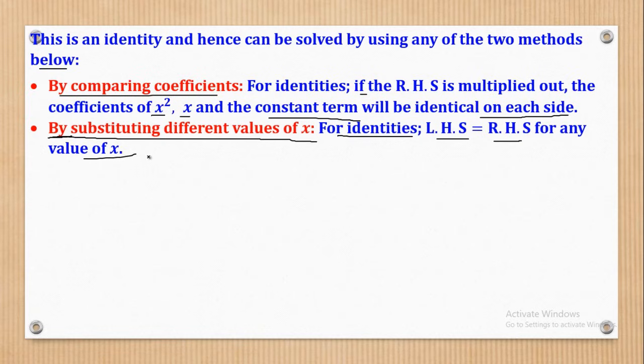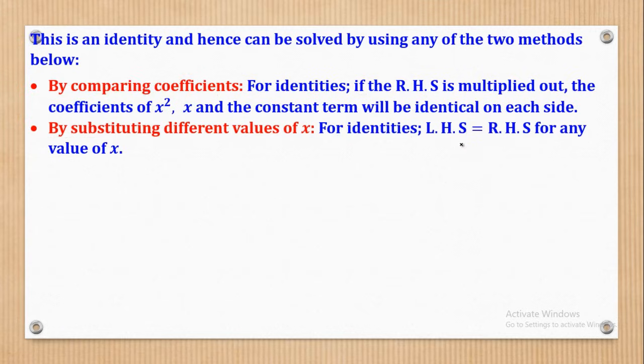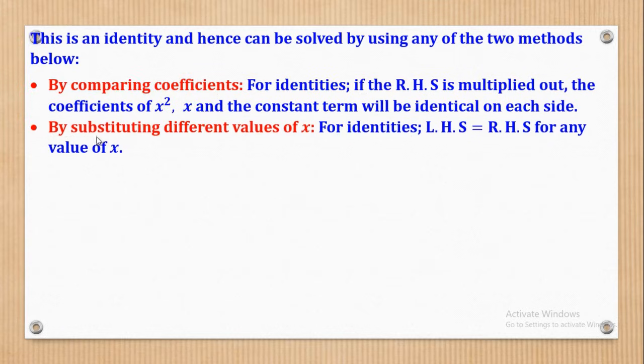Remember, an equation can be solved, but an identity cannot be solved. You just compare. But when you substitute, it now becomes an equation, because now the equivalent sign, as we will see in the solutions, will change to become an equal sign. I think you realize that here we are using an equal sign.